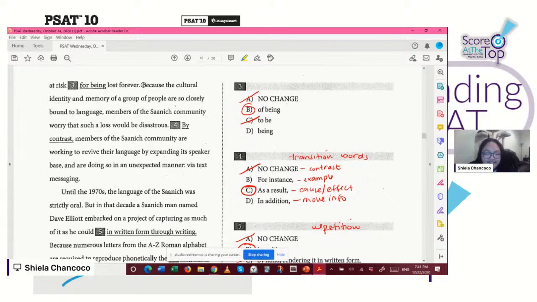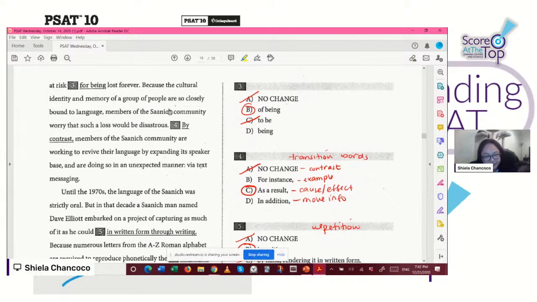I know that's excessive, but it actually helps you retain the passage. Because you're not going to get questioned on what the cultural identity of the people is. You just need to know what's going on to be able to see it transitions from this to this.